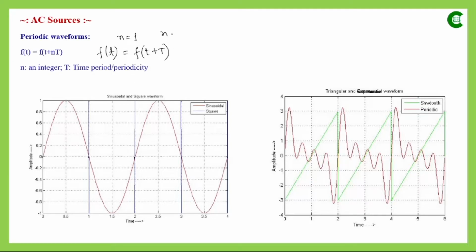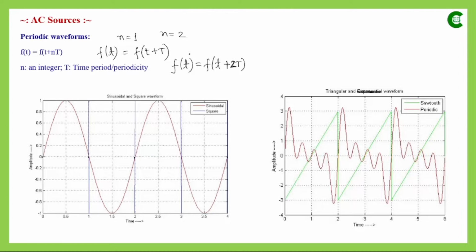Now if we take n equal to 2, then f of t will be f of t plus 2T. We can see from here that after 2T time also, the pattern of that signal will be repeated.